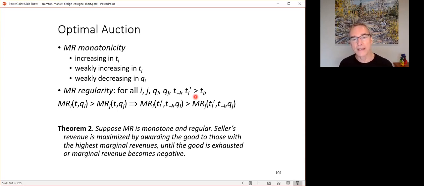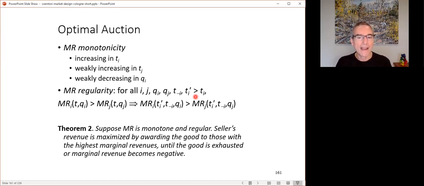And the form of the optimal auction is analogous to what we had with the single item. In the single item, this is exactly what I did in the optimal auction. I awarded the good to the guy that had the highest marginal revenue. Now with divisible good, marginal revenue is changing as I award quantity incrementally. And so I have to take that into account. So what I do is I look out to all of you who I can award quantity to. I imagine I know what the probability distribution is. So I know how I need to bribe you in order for you to be honest.